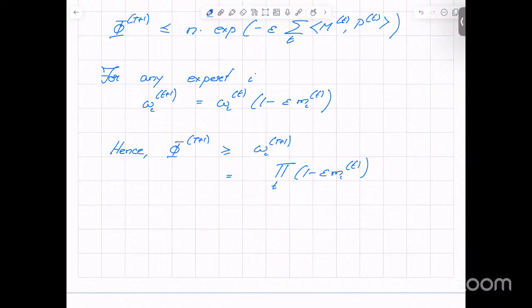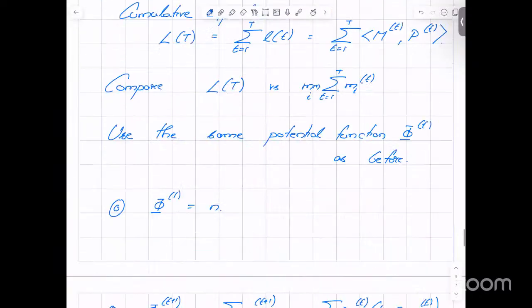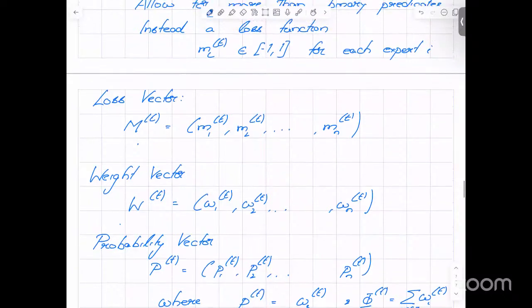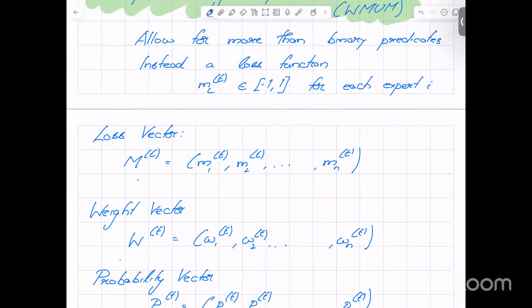I'm going to relax it and write the proof more generally. Sometimes there are losses, sometimes there are gains, so I'm going to assume the MIT vectors were in -1 to 1, not just 0, 1.